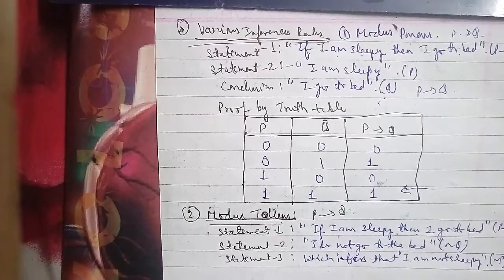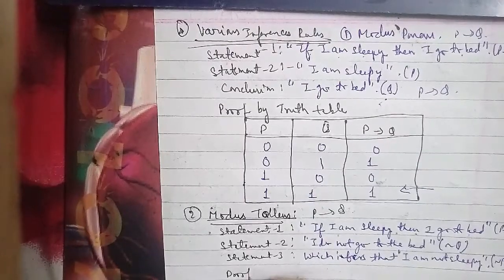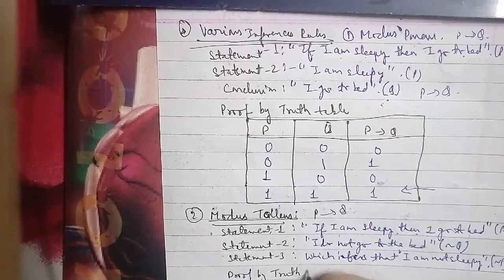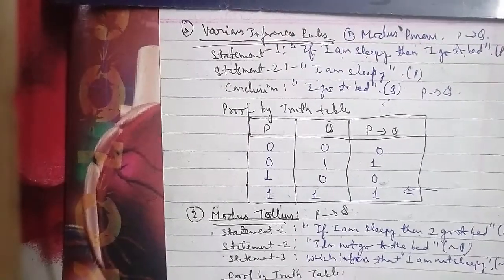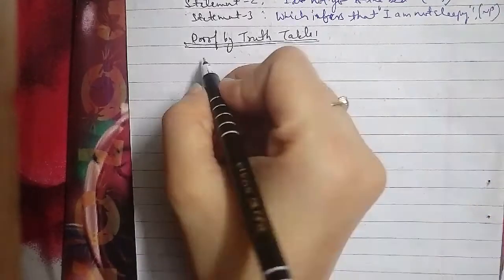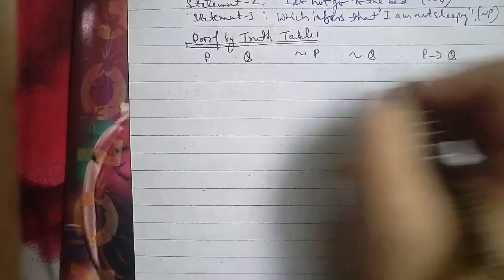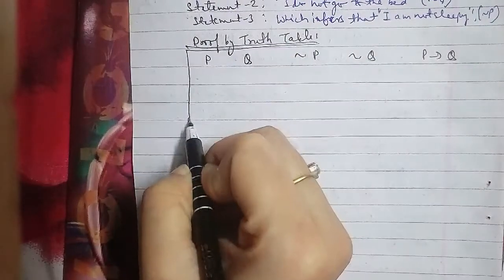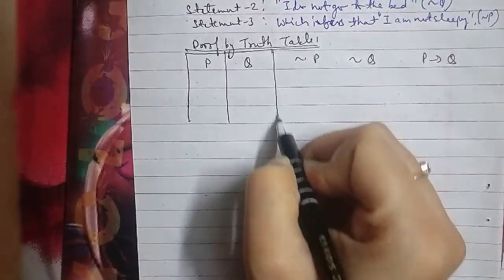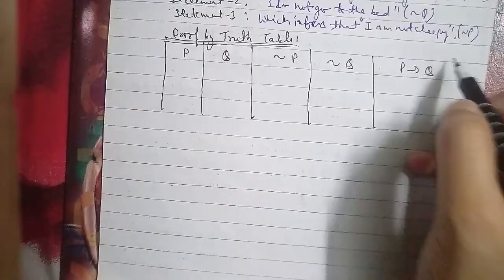So for the proof by the truth table, what we have to discuss here is P, Q, and P tends to Q. If P is 0 and Q is 0, then P tends to Q will be 1.